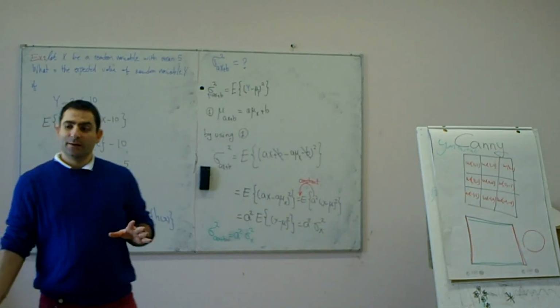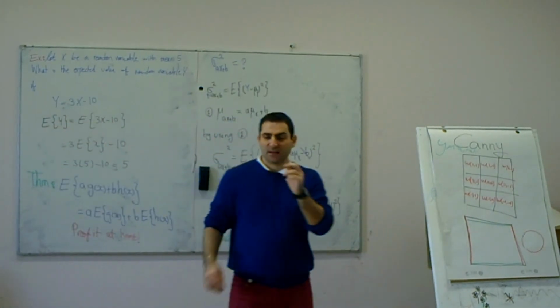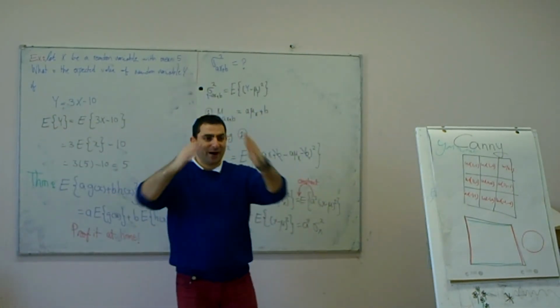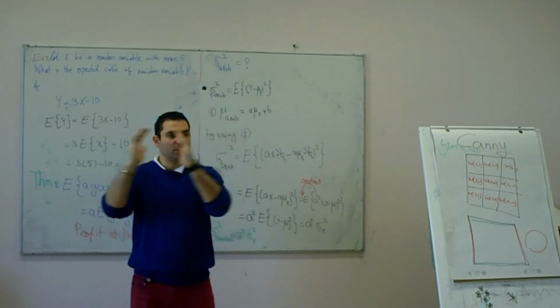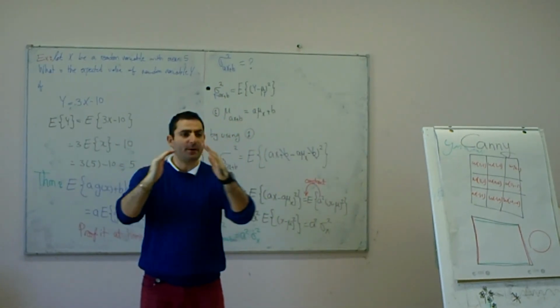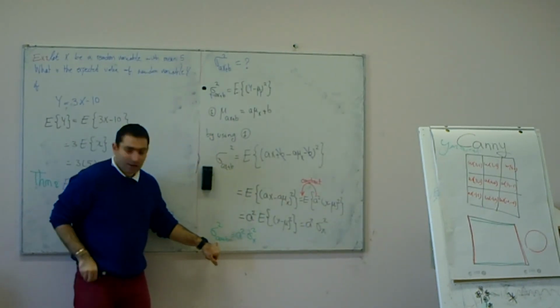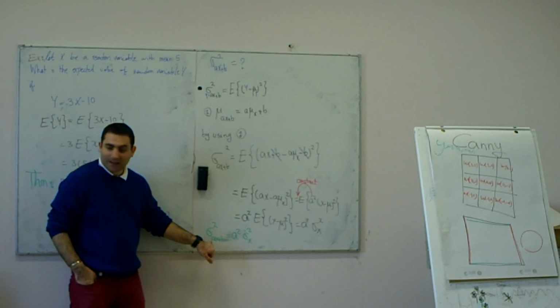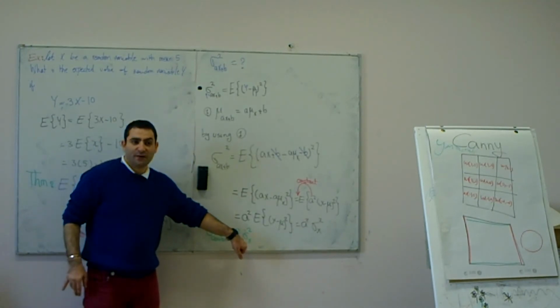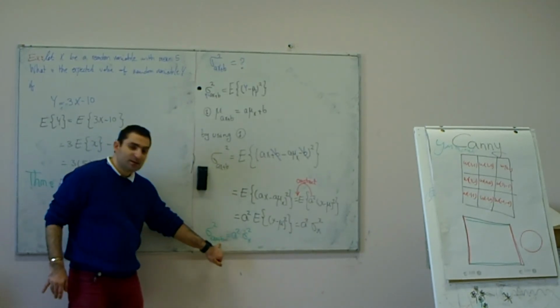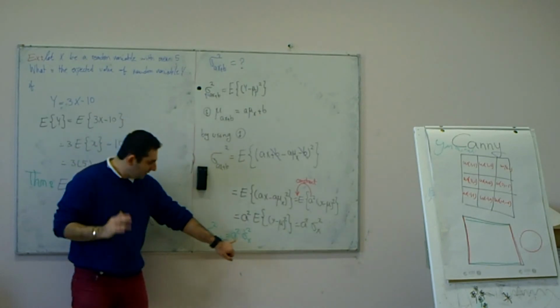Now, we were expecting to see something like that because we said the variance does not depend on the location of the function. It depends on the shape of the function. So if you multiply a function with a scalar, we are expecting to see a change in variance. But if you do some translation, nothing will happen.